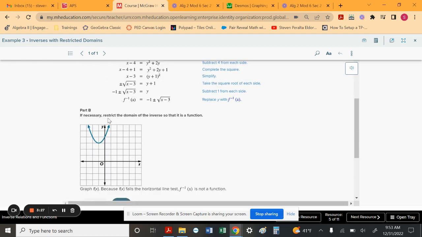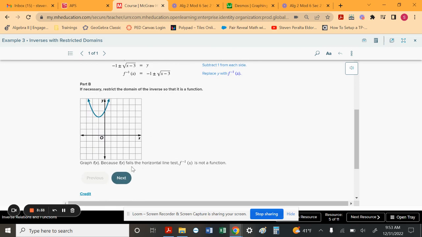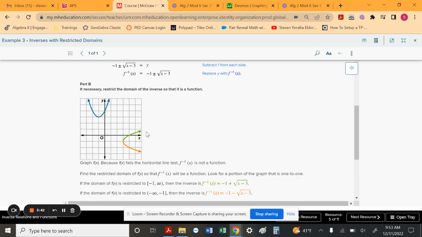However, we have to restrict the domain so that it becomes a function. Right now, this fails the horizontal line test, so f of negative 1 is not a function. If I were to draw it this way, this would be my function here. Of course, this is no longer a function because it would not pass the vertical line test.